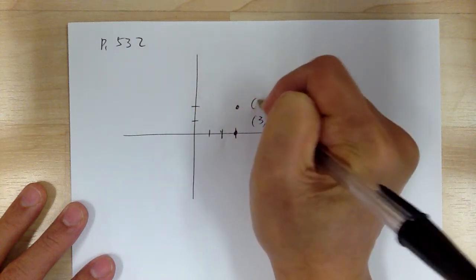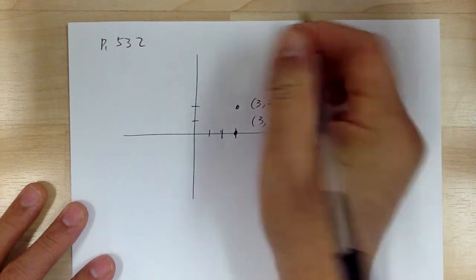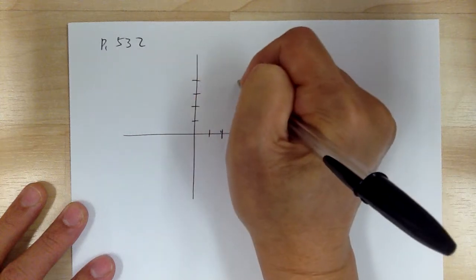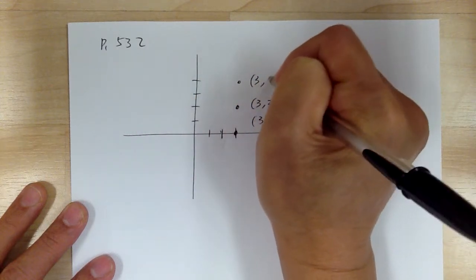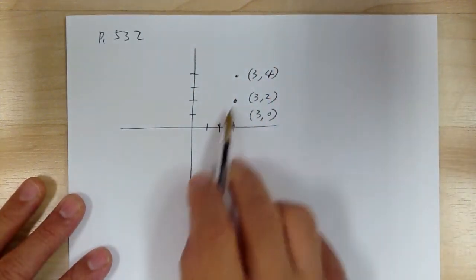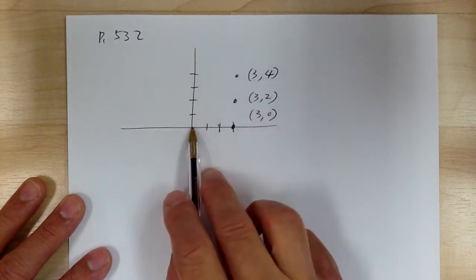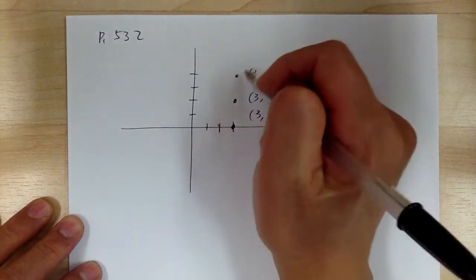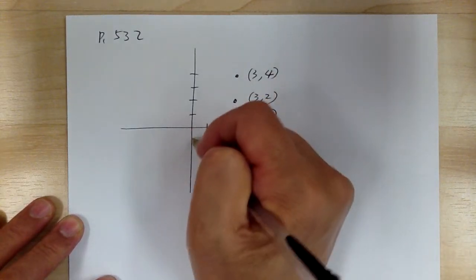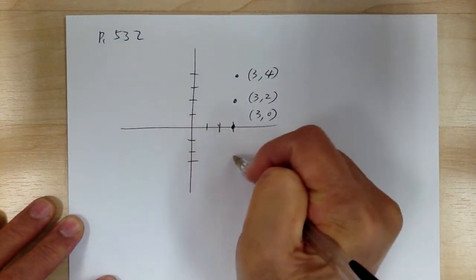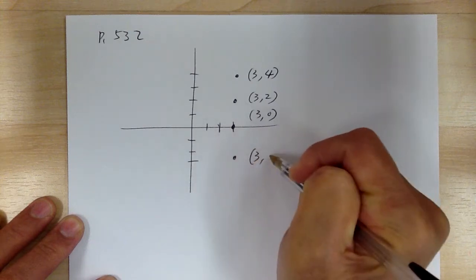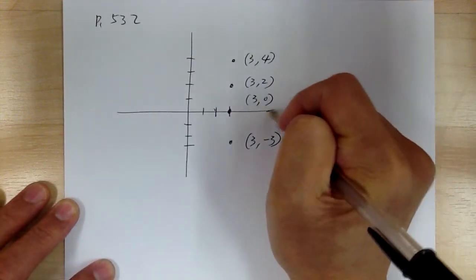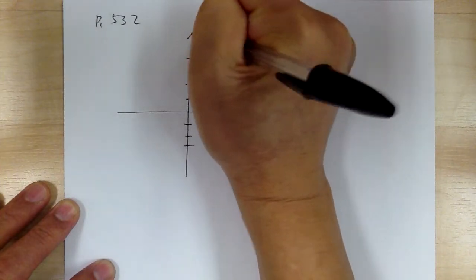This point over here is (3, 2). And this point over here is (3, 4). Again, the reason is that 3 means you go 3 in the x direction, 4 means you go 4 in the y direction. And then you have another point down here. This is (3, -3). Again, this is your x, and this is your y.